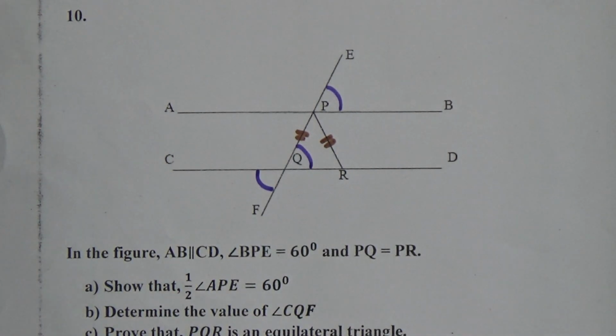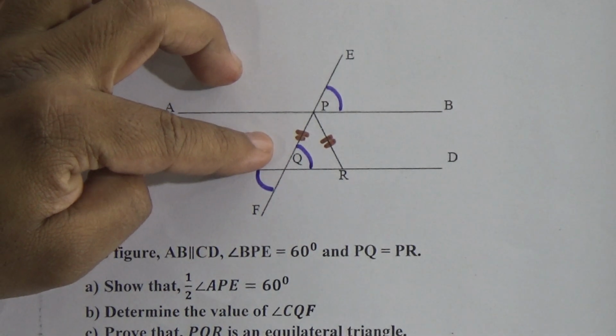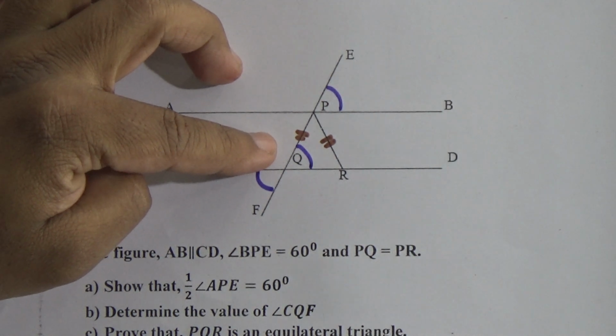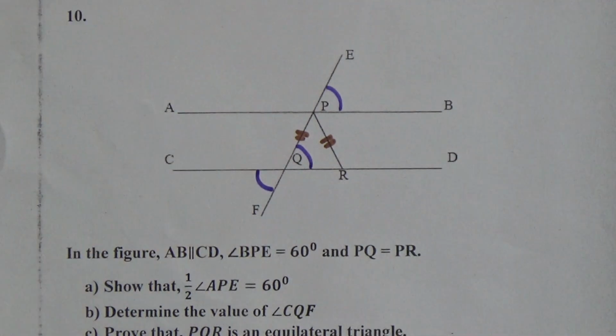To prove this, we will proceed this way. Look, my dear students, we know that the opposite angles of equal sides of a triangle are equal. Look at the figure.